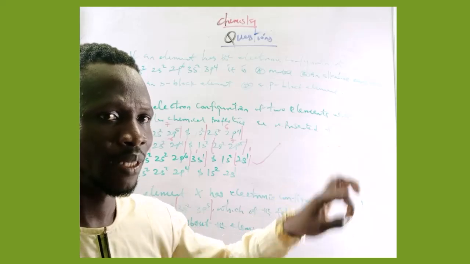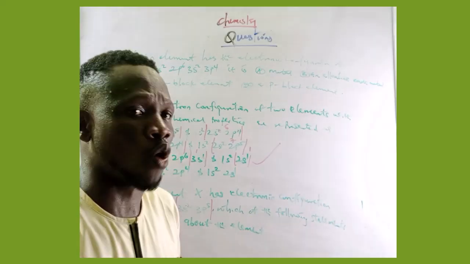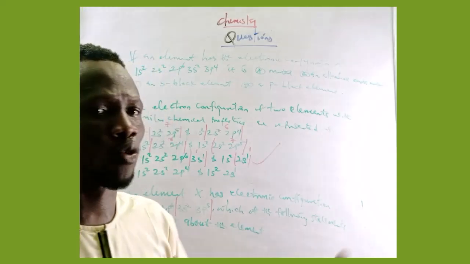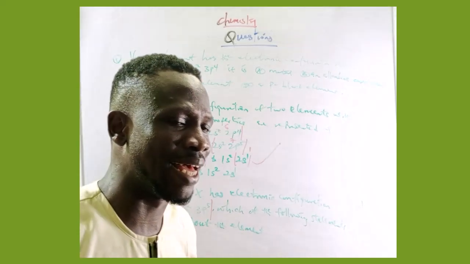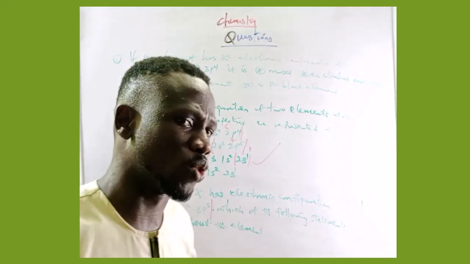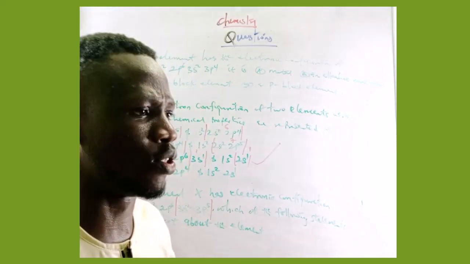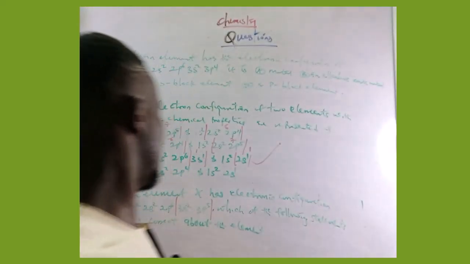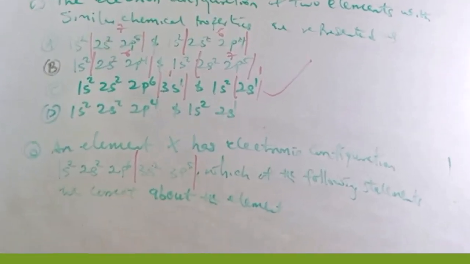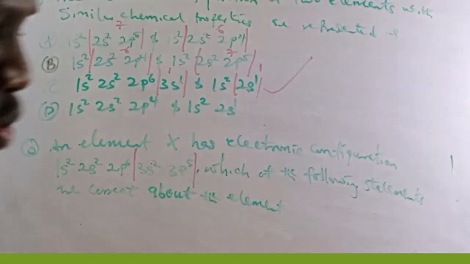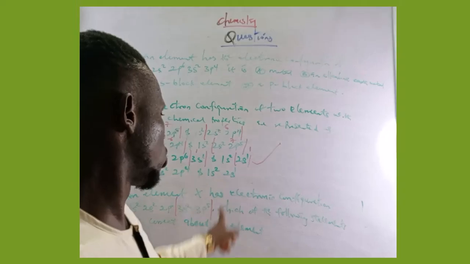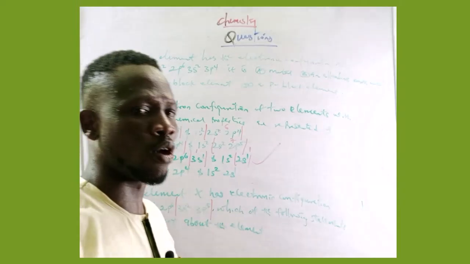Group 7 elements are called the halogens, while group 8 are known as inert gases. We are still going to see some of the features of the halogens. Halogens are group 7. 2 plus 5 is 7, so it is group 7. So the option is D. It is a halogen because it belongs to group 7.